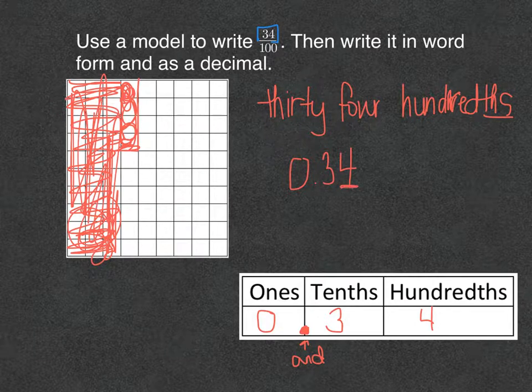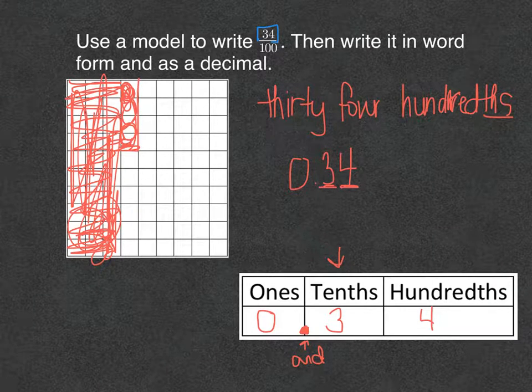This is the hundredths place. This is the tenths place. Now, the only thing that's kind of different when we're talking whole numbers and decimals: when we're talking whole numbers, we start out with ones, tens, hundreds. When we're talking decimals, we jump right to tenths. We don't have any oneths. Okay, probably because that sounds funny.